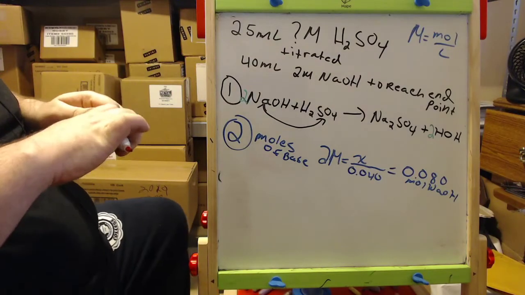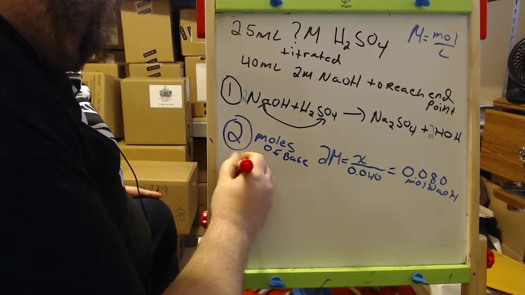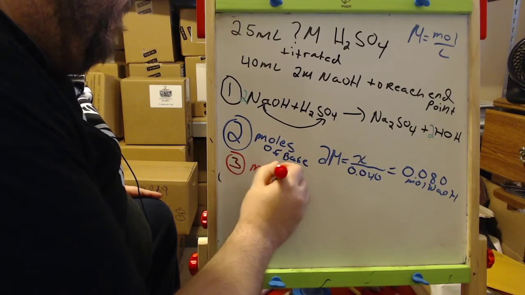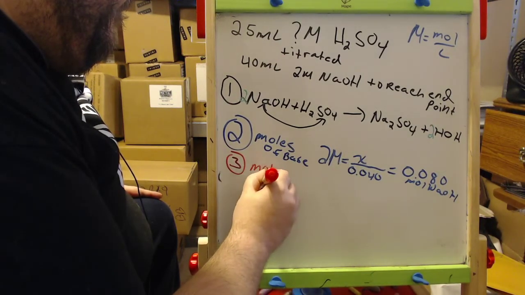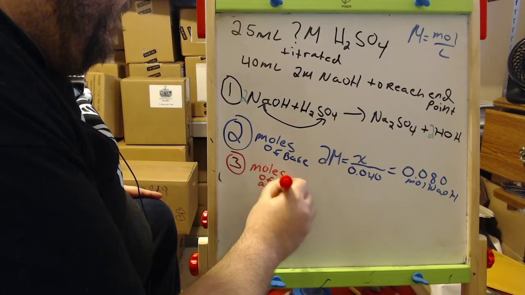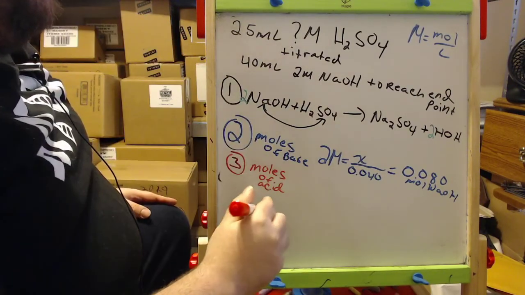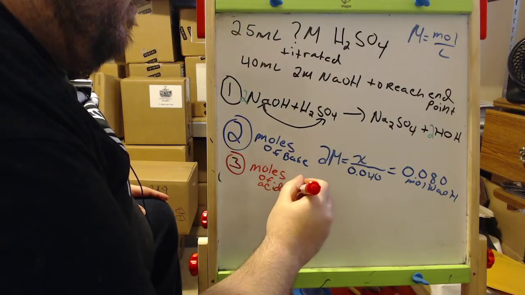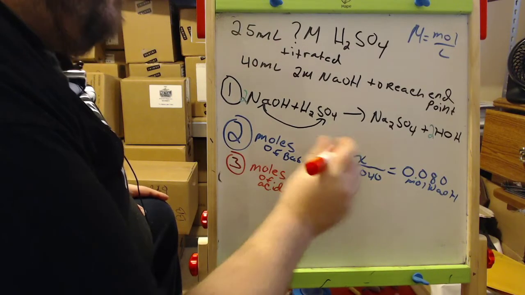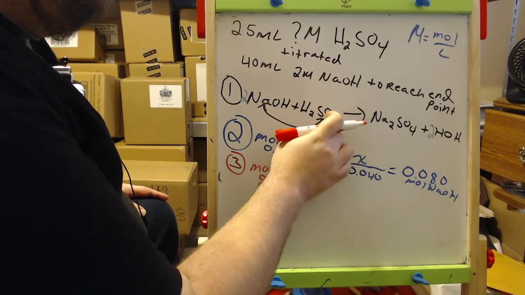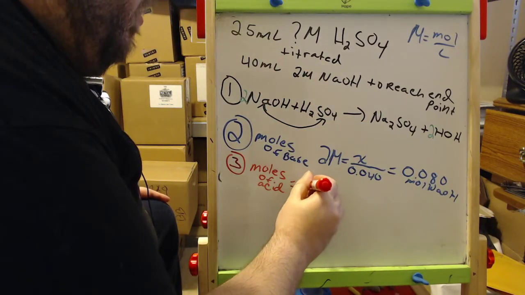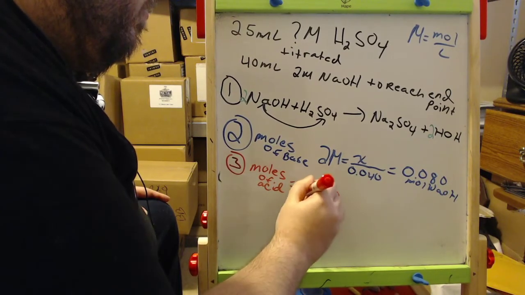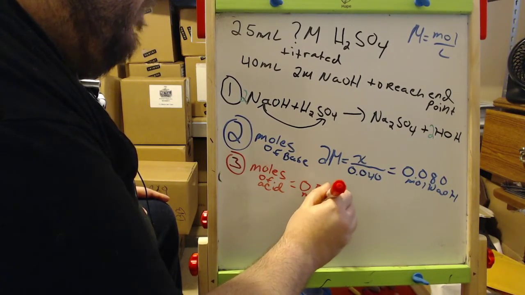Okay. Part 3 is find the moles of acid. And the way we do that is we take our moles of base and convert it to the acid using the balanced equation. So, I've got 0.080 moles of NaOH.